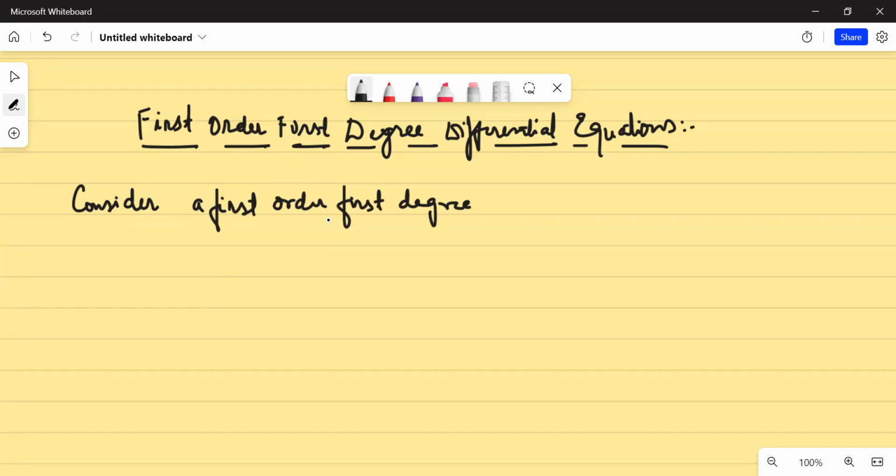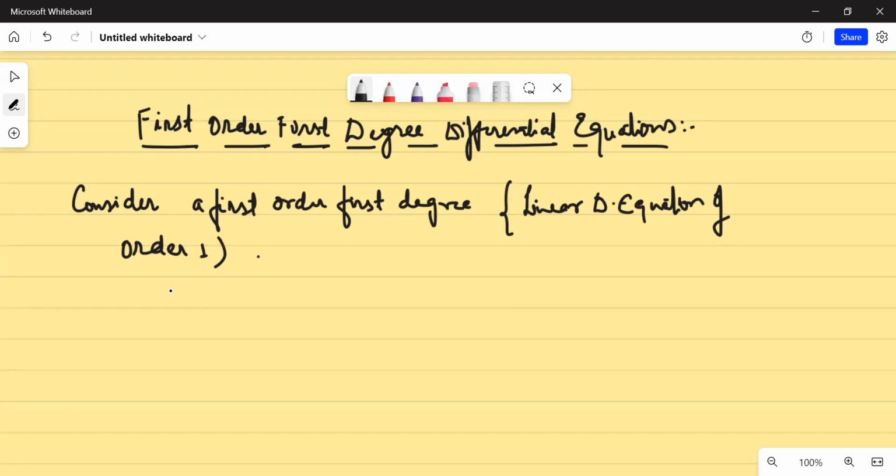That is, I'm talking of an order one differential equation, whose highest order derivative is one, and the degree on the highest order derivative is single. So overall, this is a first order, first degree differential equation, and so we can also say that this is a linear differential equation of order one. So we are discussing linear differential equations of order one.